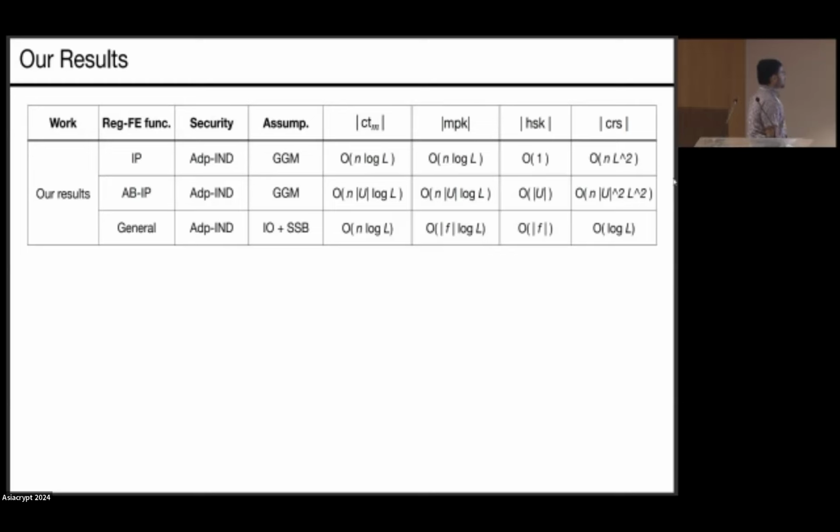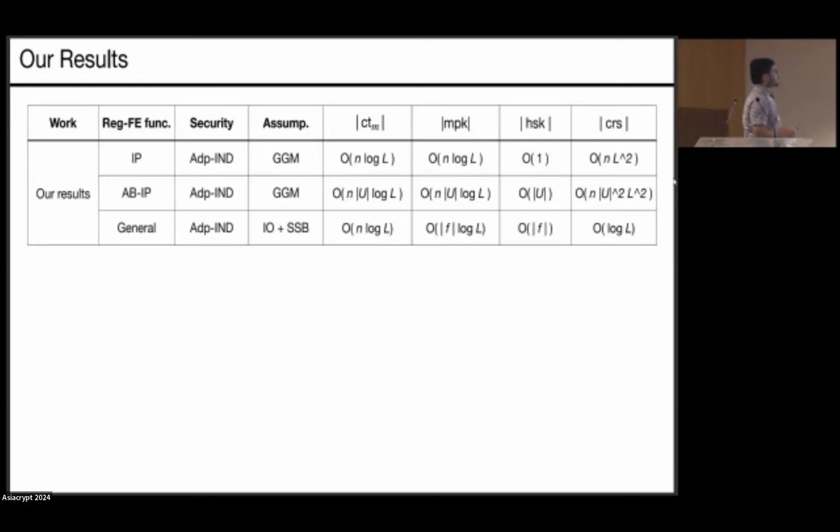The ciphertext size and master public key size vary with n log L, where n is the length of the message or the function and L is the total number of users. And the helper decryption key size is constant for IP, but it varies with the length of the function in case of registered general functions.